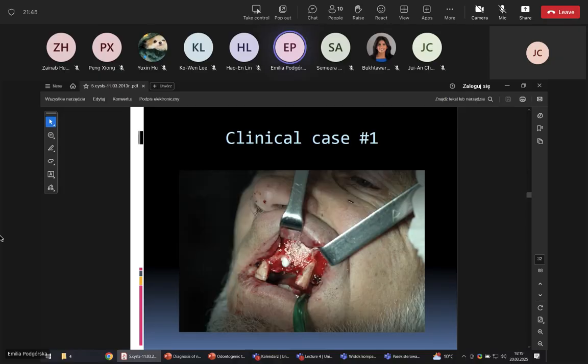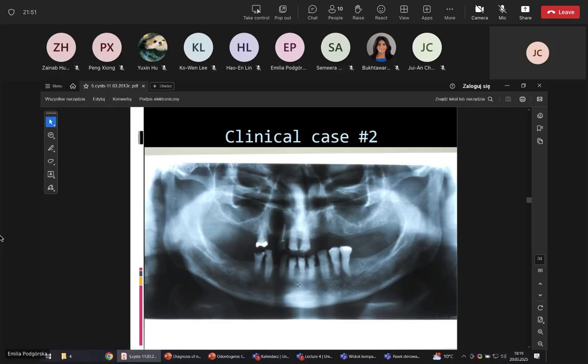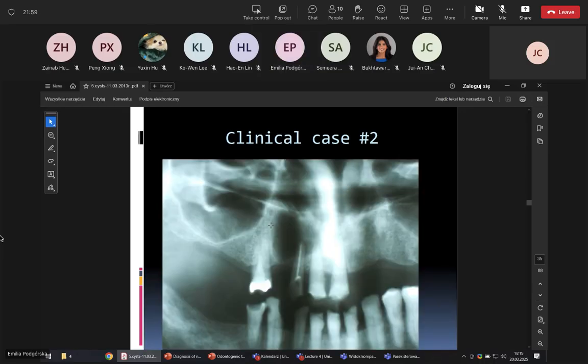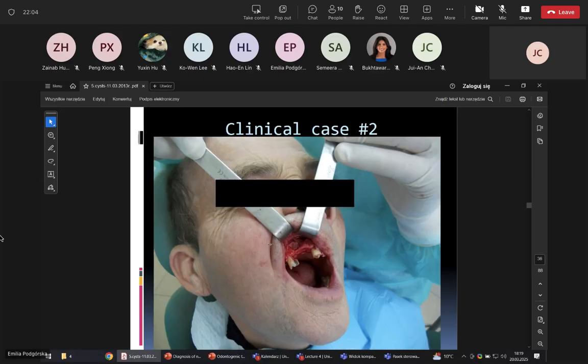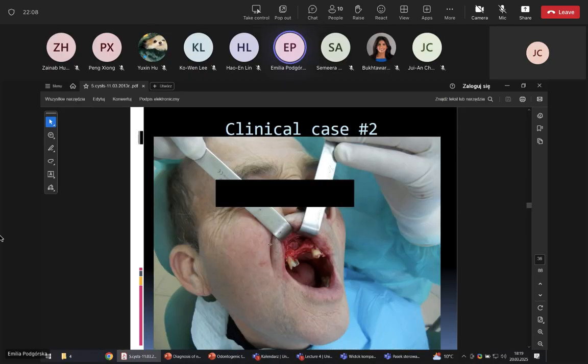And augmentation of the bone. Consider. And the second case, here we have the cyst. And extract the tooth and enucleate the cyst.